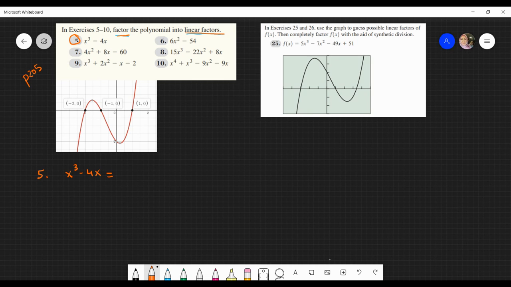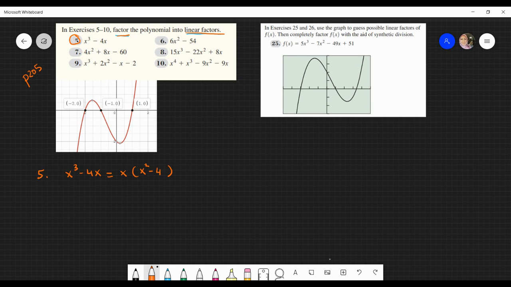And if I look at both terms, yes, there is, which is x. We take x, we open parentheses, then we divide each term by x. x cubed divided by x is x squared. And negative 4x divided by x is negative 4.